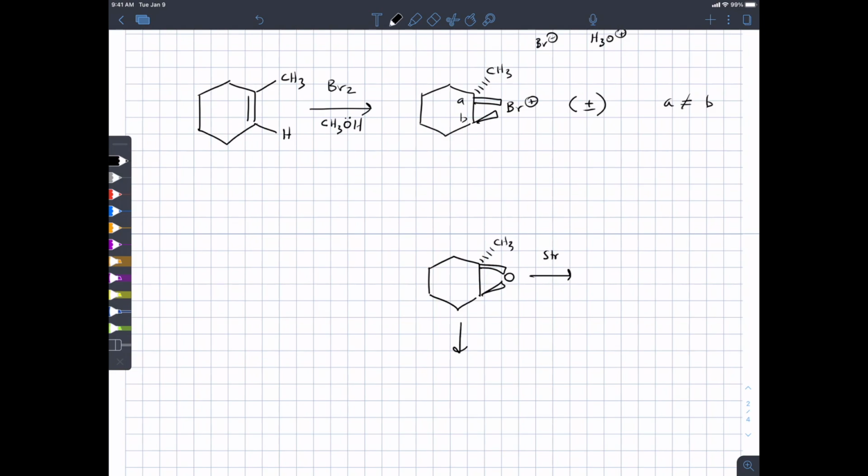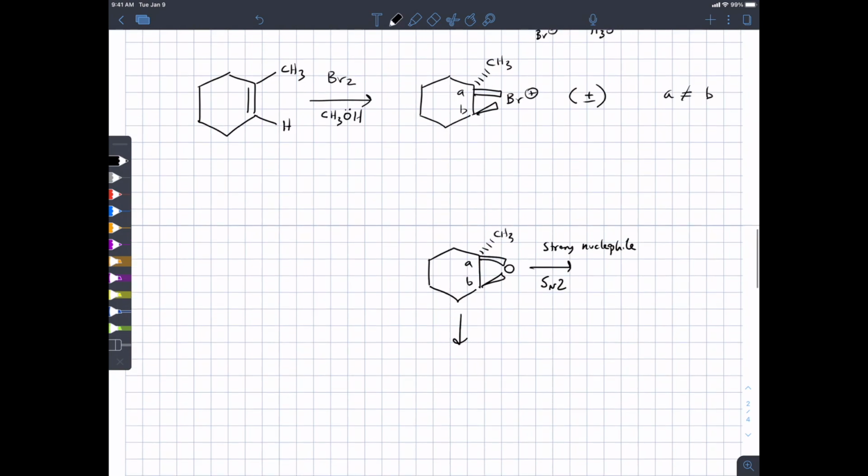If you use a strong nucleophile under negative charge conditions, which of the two carbons gets the nucleophile? It's the less substituted one, because the reaction is very SN2-like, so sterics matter. So your nucleophile comes in and attacks the less substituted carbon because it's easier.